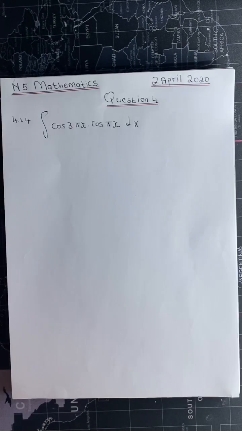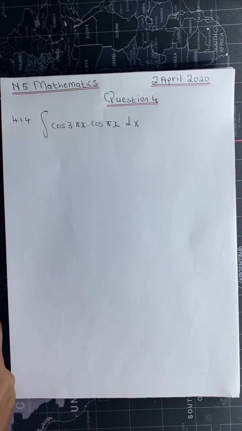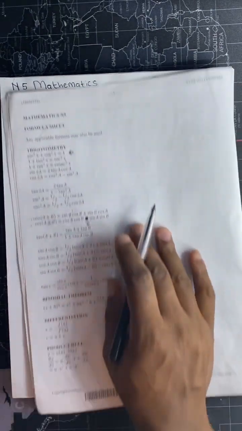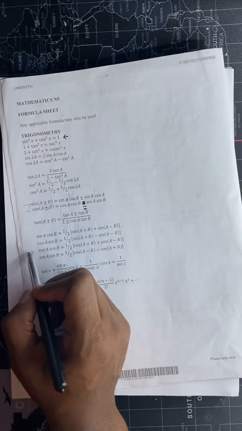In 4.1.4, we have to evaluate the integral of cos of 3 pi x multiplied by cos of pi x dx. We use our formula sheet to evaluate this integral where we have cos and cos. So the formula for cos and cos is this one.